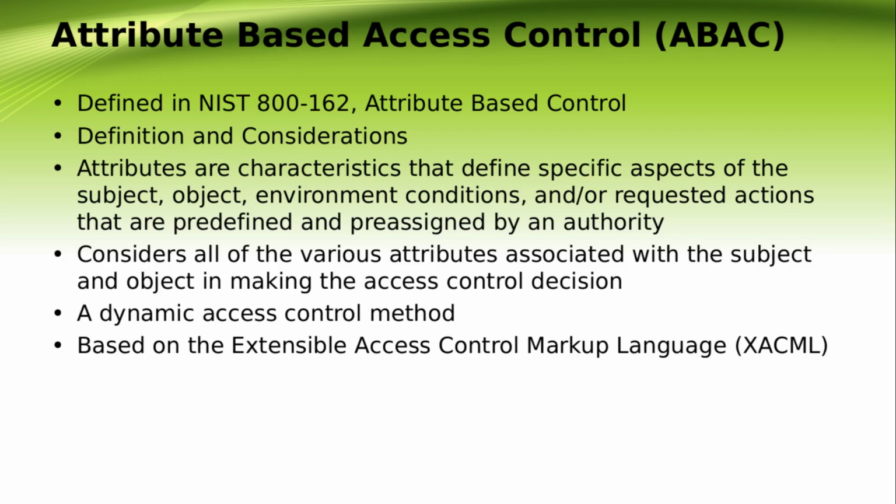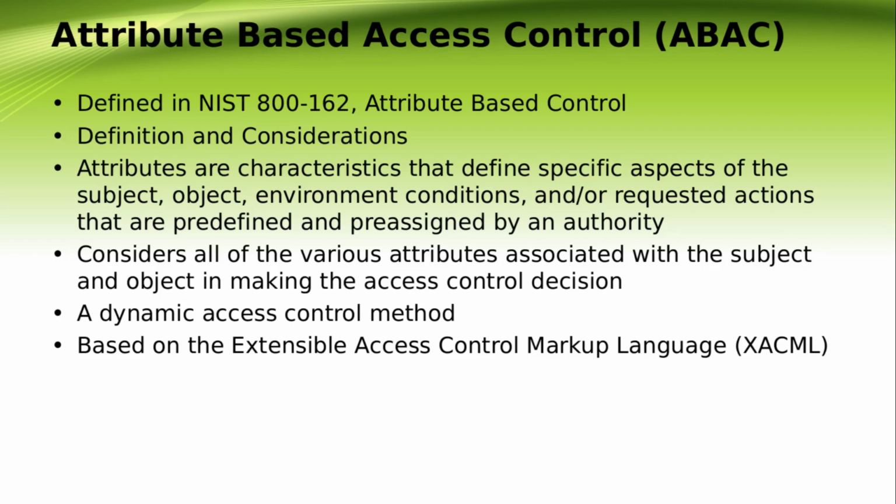The ABAC authorization process is determined by evaluating rules and policies against attributes associated with an entity, such as the subject, object, operations, or environment conditions. Attributes are characteristics that define specific aspects of the entity. When an access request is made, the access decision is based on the evaluation of attributes and access control rules by the attribute-based access control mechanism.